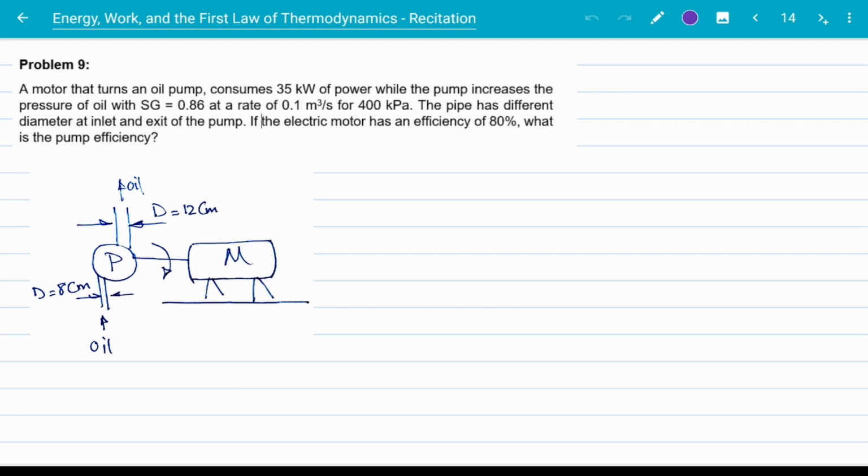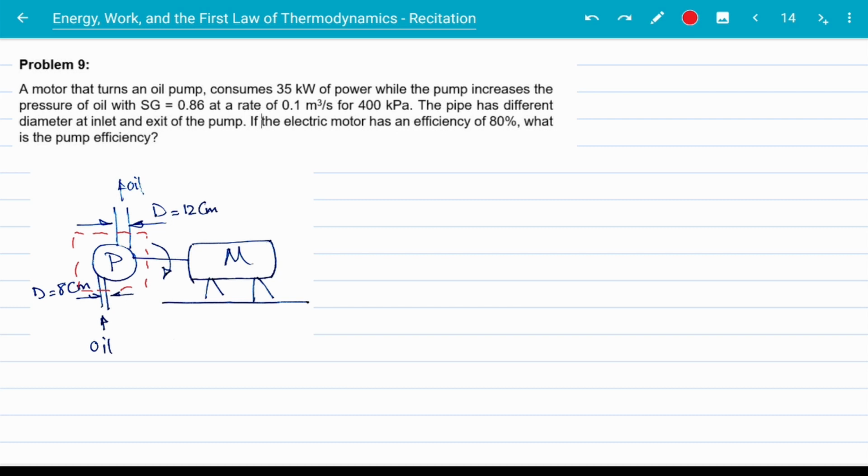First of all, we need to find the power of the pump. In order to do that, we are going to do the same thing that we did in the last problem. We are going to take a control volume and write the first law of thermodynamics. So this is the control volume that we are taking. So let's take a closer look.